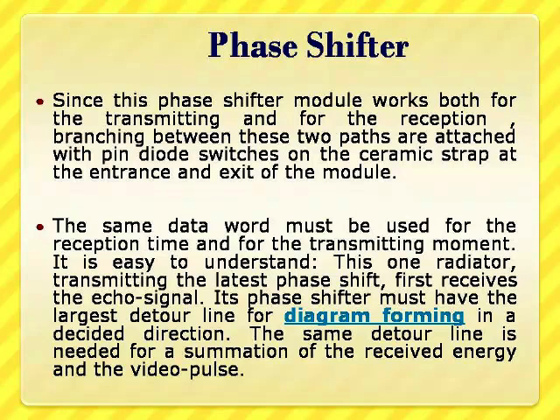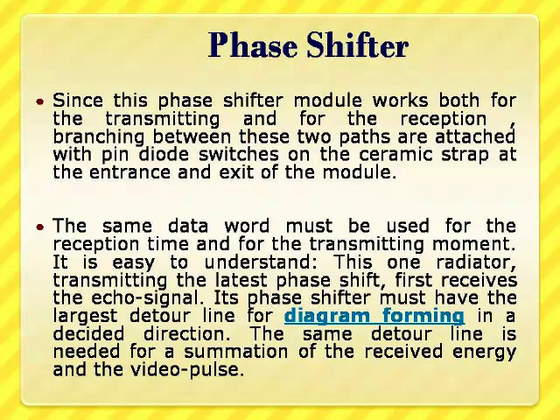Hence, when the signal is being received by the antenna system, these phase shifters will be switched back to zero phase shift so that all the signals can be easily combined to get a high received signal input for the receiver. So for that purpose, the switches must be acting very fast. The same data word must be used for the reception time and for the transmitting moment.